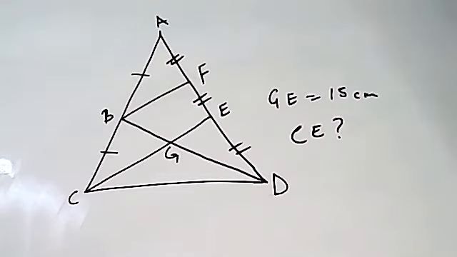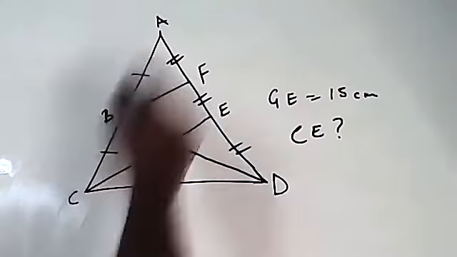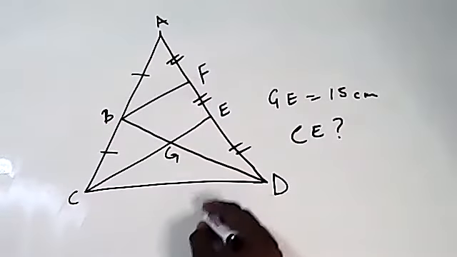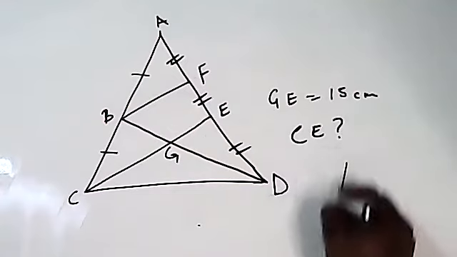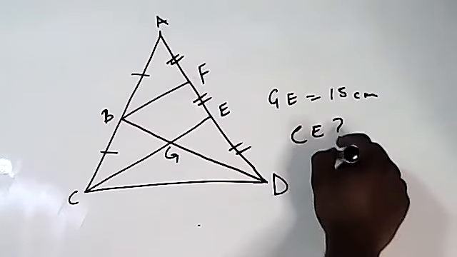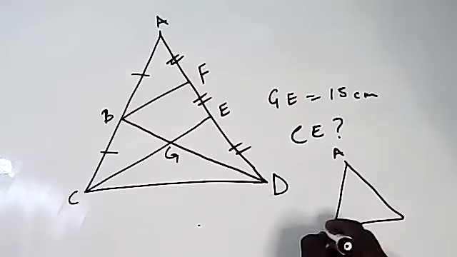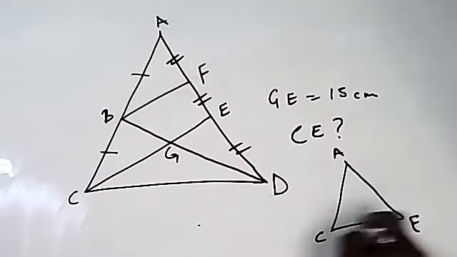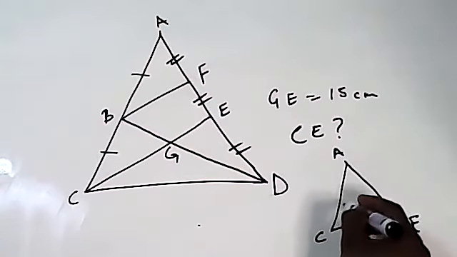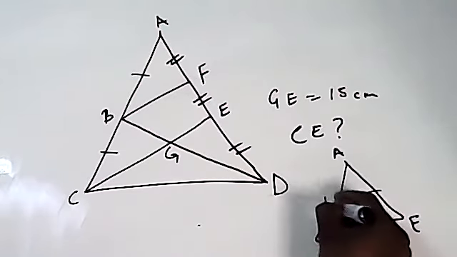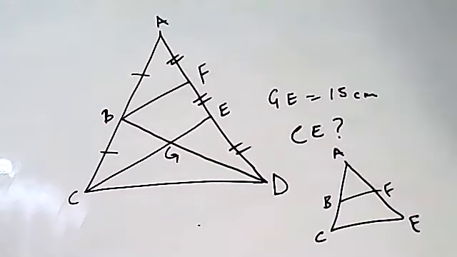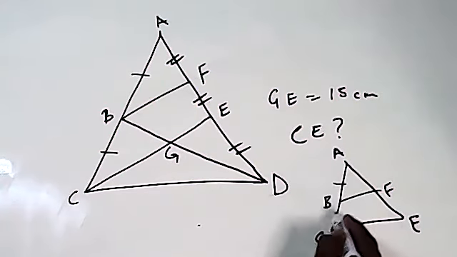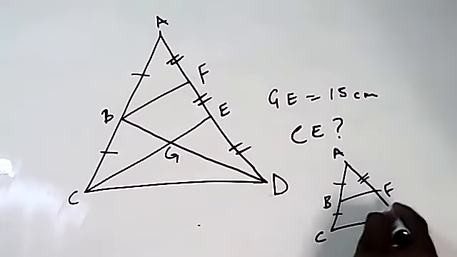So you must really write where your focus is. So let me take this triangle out. Do you agree that we have triangle ACE, which has BF here? And we are told that this is equal to this, and this is equal to that.